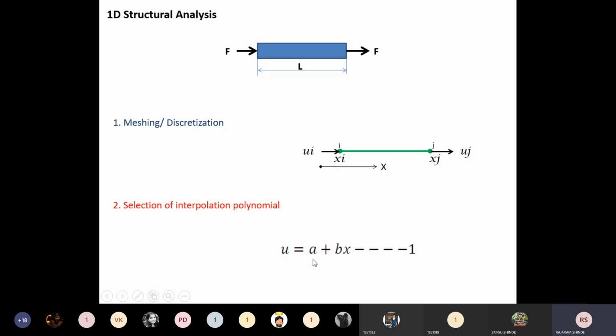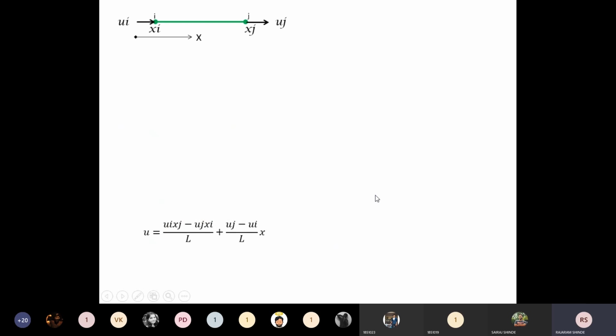For calculation of this, we have used the equations for nodes ui and uj. Here we have written ui is equal to a plus b xi for node i, uj equal to a plus b xj for node j.